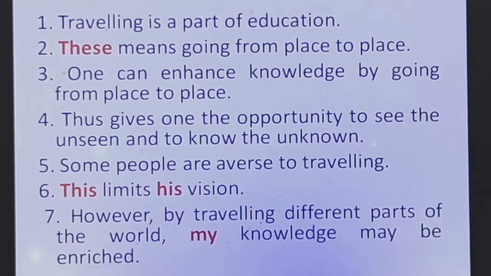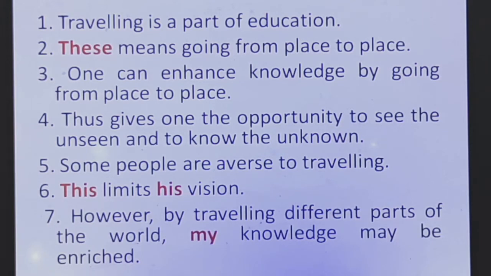But the verb means is in singular form. So there is no subject-verb agreement here, because the verb means will take a singular subject, and the singular subject can be it or that.